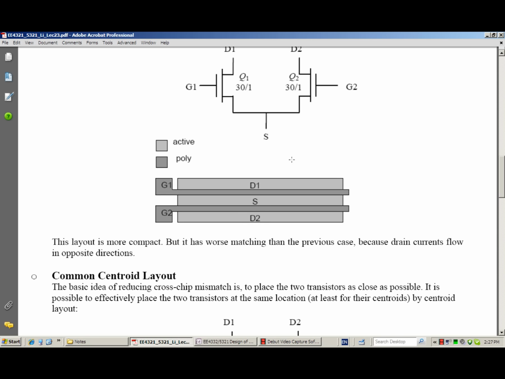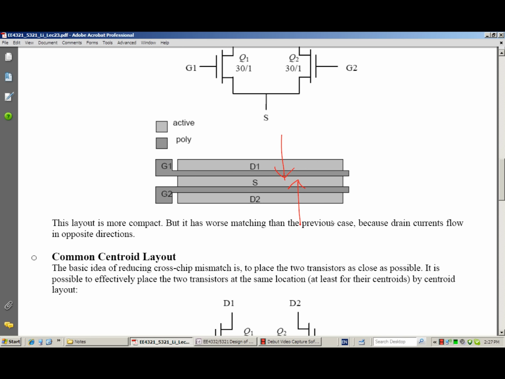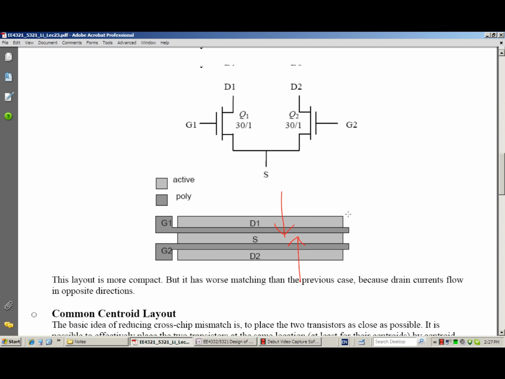This is the top view. The current for the first transistor flows this way. The current for the other transistor flows in the opposite direction, and that is bad. That introduces extra mismatch.